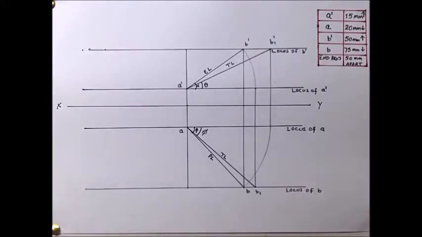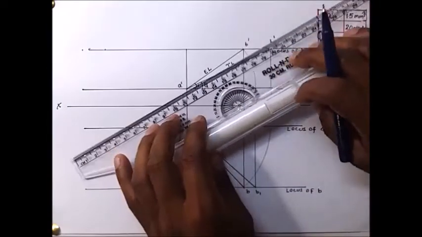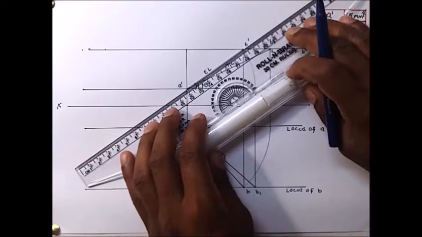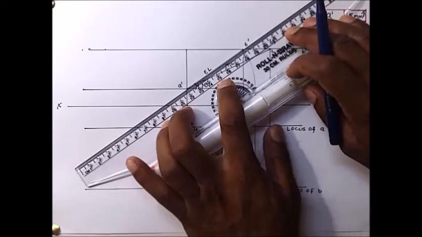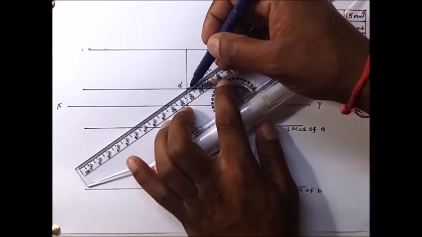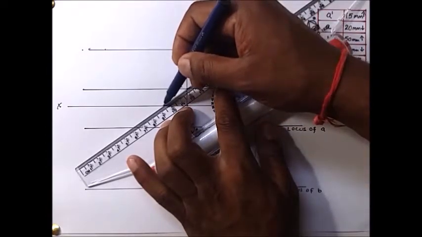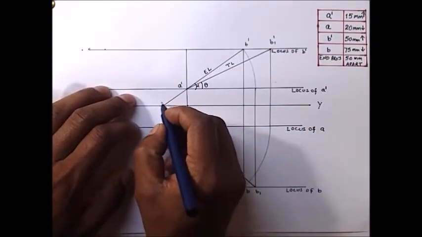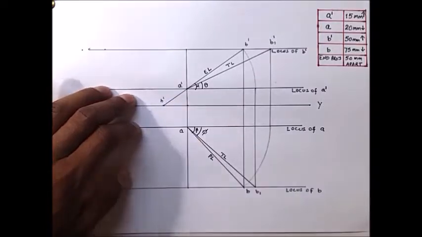Now the remaining part is finding out the vertical trace and horizontal trace. So apply the same method as per the previous video. Extend the elevation length till it touches the XY line, and the point where it touches the XY line will be point H dash.